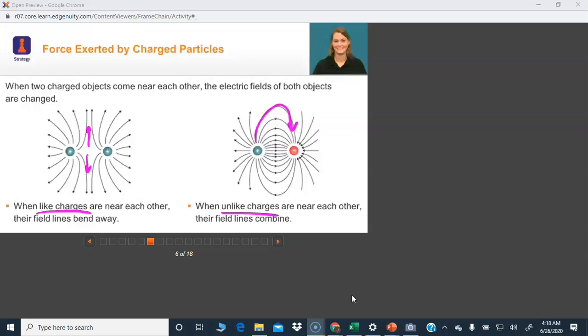Well, the answer is a negative charge is going to be repelled by the negative, and it's going to be attracted to the positive. So electrons actually move in the opposite direction of those field lines that you see right there. And so they are the objects that are actually going to be moving when we talk about electricity.